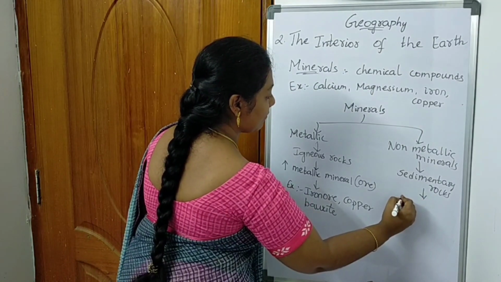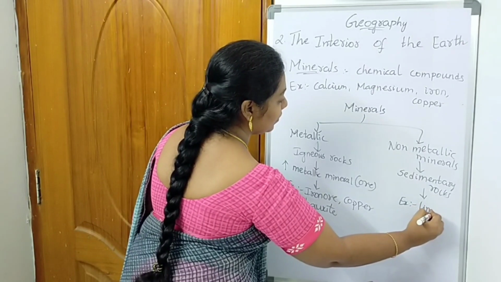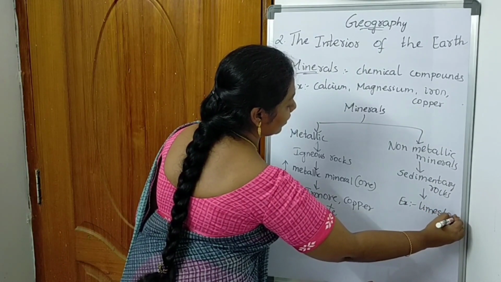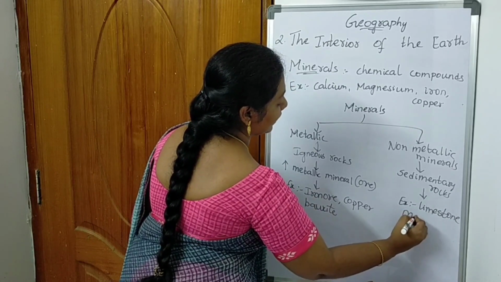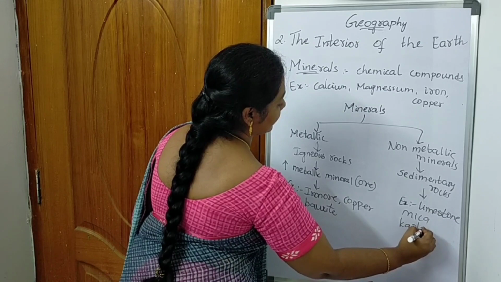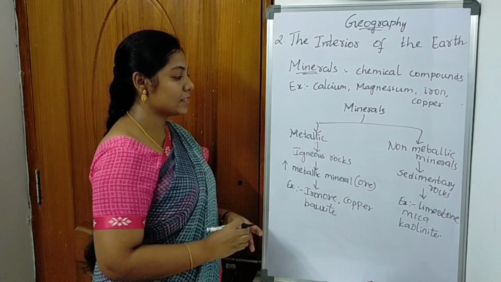And the examples for non-metallic minerals, found in sedimentary rocks, are limestone, mica and kaolinite. These are the examples of non-metallic minerals.